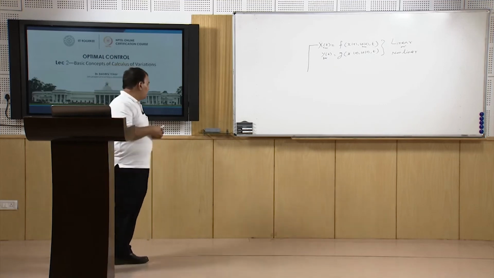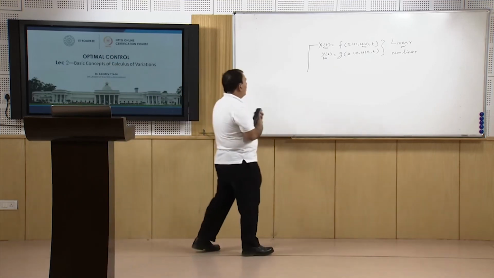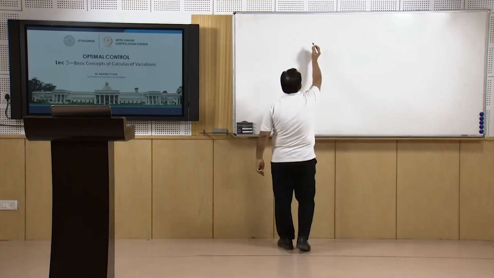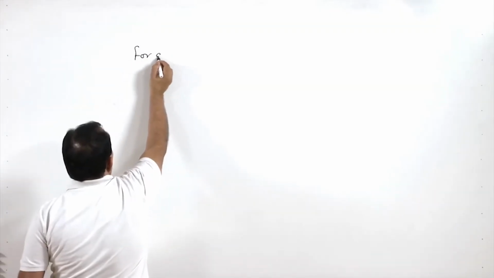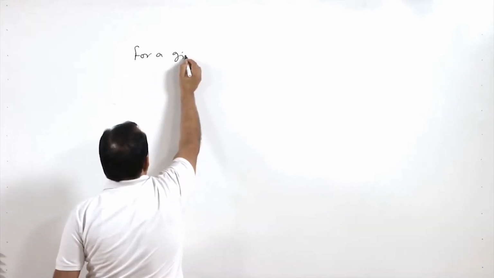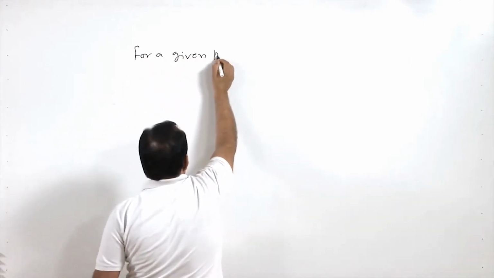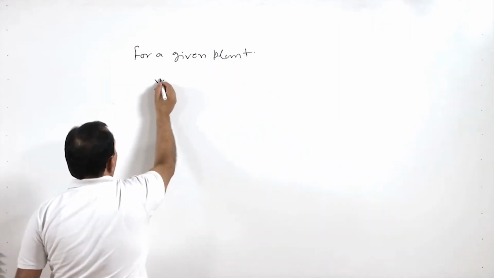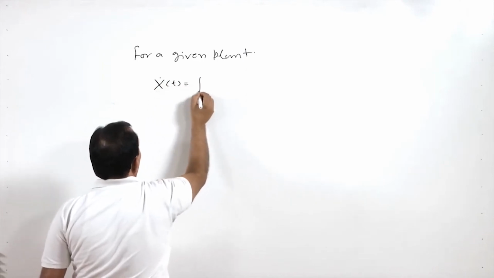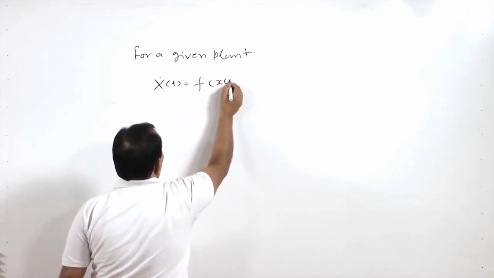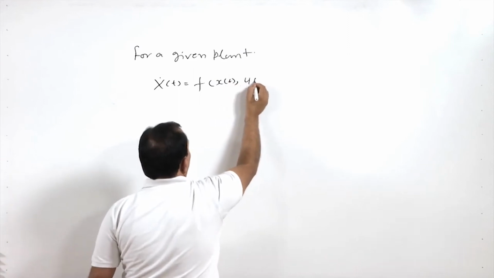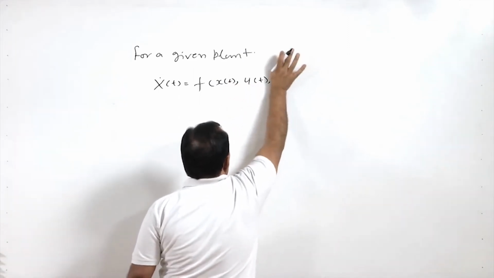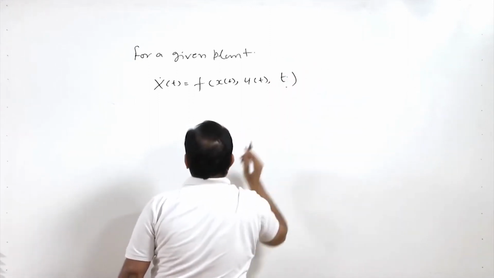If you place a constraint, then the nature of the problem changes. So in general we can formulate an optimal control problem in the following manner. For a given plant, I am taking the general nature of the plant x dot(t) equal to f of x(t), u(t), t.